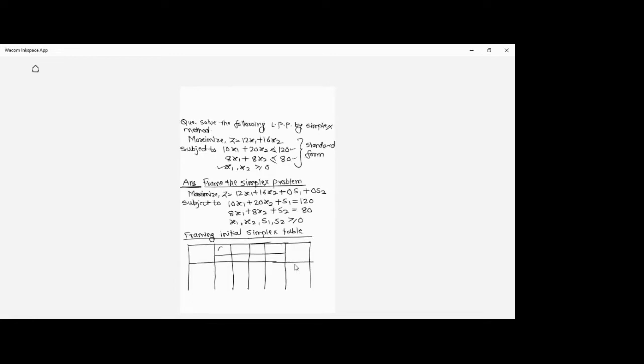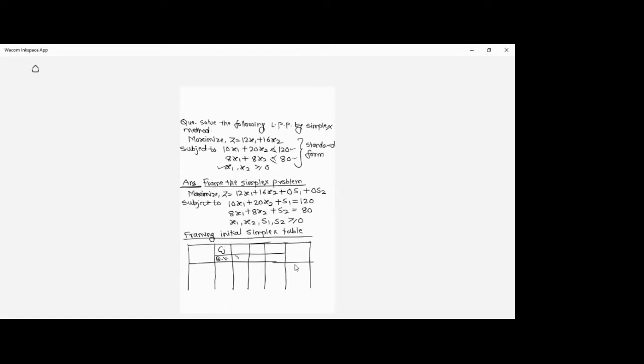Right? So here we are going to write Cj, which denotes the coefficient of the variables in the objective function, and we are going to write here BV, that is nothing but the short form for basic variables. Because of the space constraint, I have written BV, but you can write it as basic variables as well.